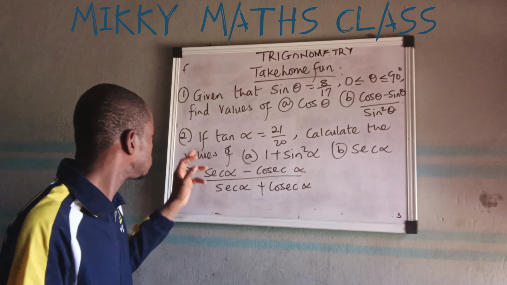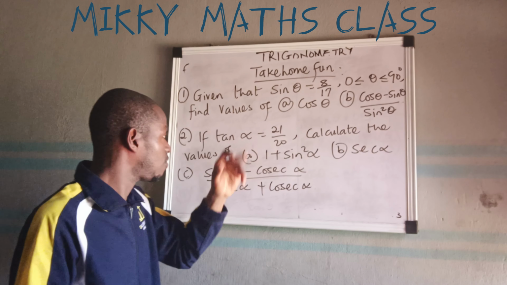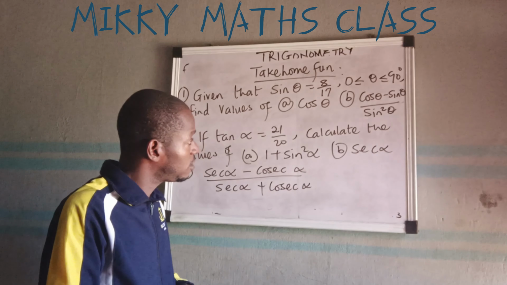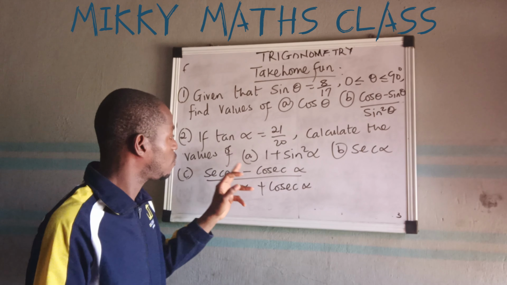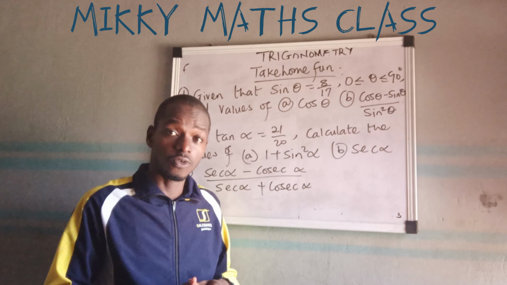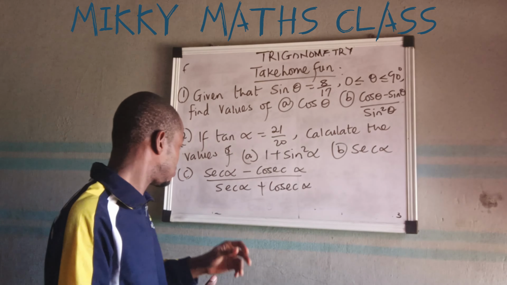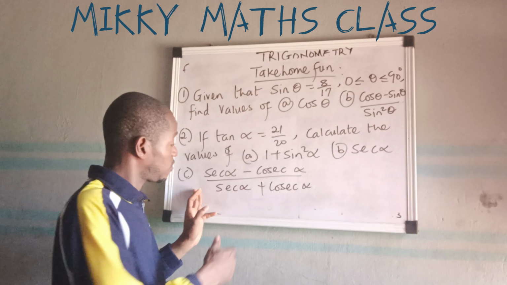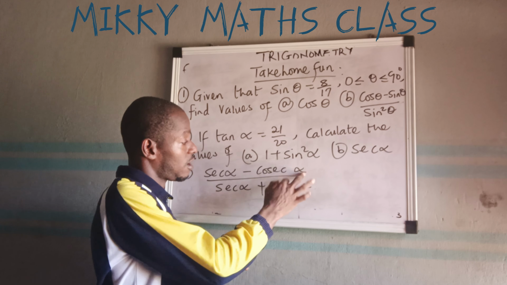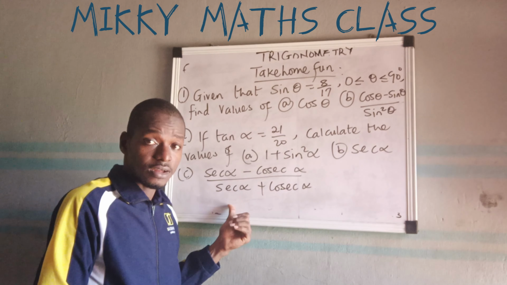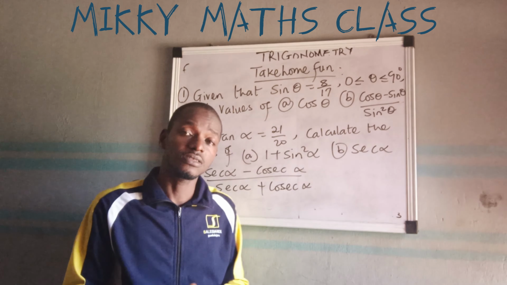And the second question, if tan alpha is equals to 21 over 20, calculate the values of the first one, 1 plus sin squared alpha, the second one, secant alpha, and the third one, secant alpha minus cosecant alpha over secant alpha plus cosecant alpha.